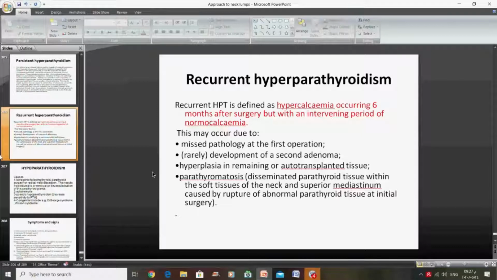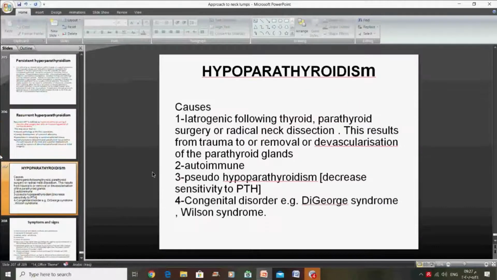This may occur due to missed pathology at the first operation, development of second adenoma, hyperplasia remaining or autotransplanted tissue, parathyromatosis. هذا شنو parathyromatosis? Disseminated parathyroid tissue within the soft tissue of the neck and superior mediastinum caused by a rupture of abnormal parathyroid tissue at initial surgery.